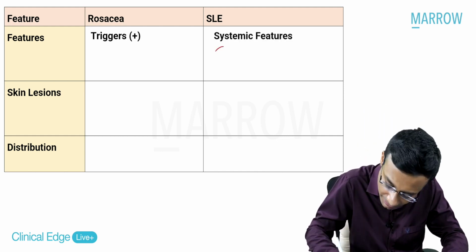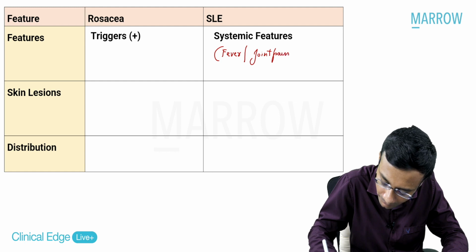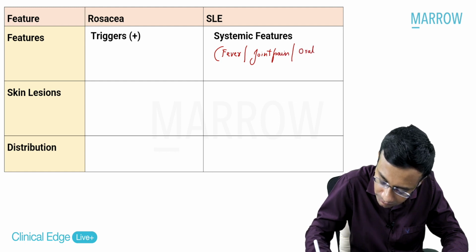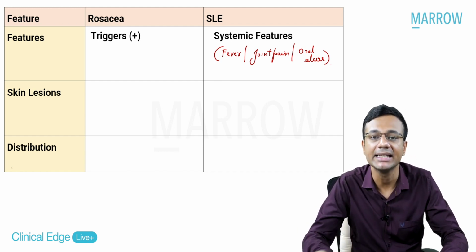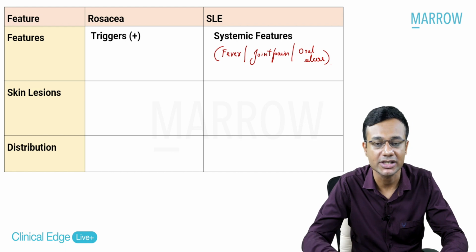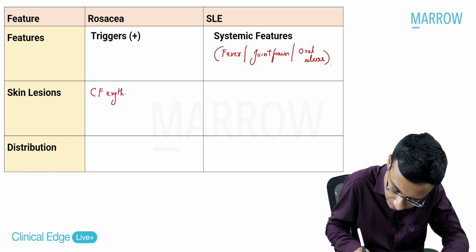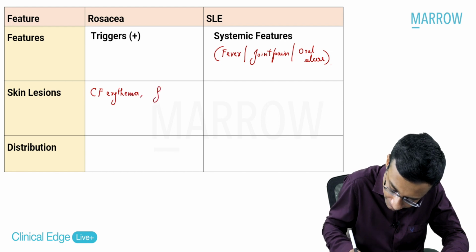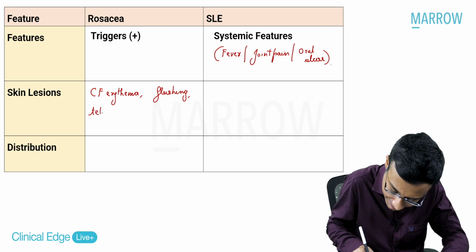Systemic features are fever, joint pain, and oral ulcers. Second point is pertaining to skin lesions. The various skin lesions of rosacea we've already discussed. Centrofacial erythema, flushing, telangiectasia.